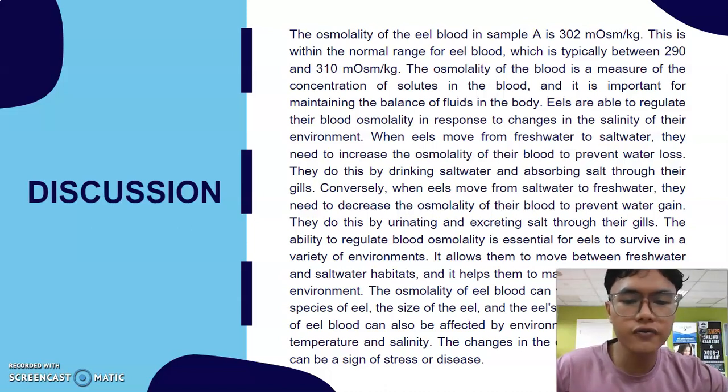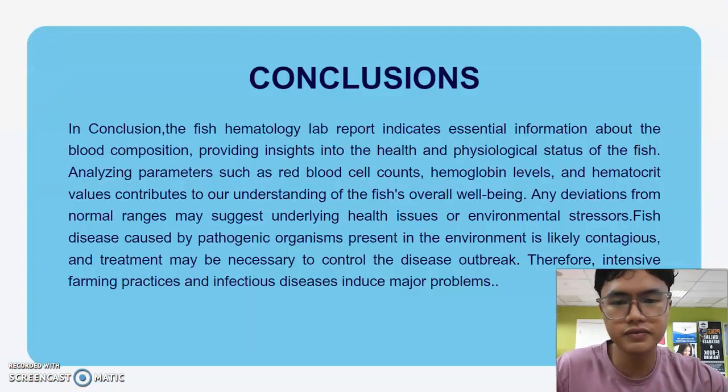The osmolality of eel blood can vary depending on the species of eel, the size of eel, and the eel's health. The osmolality of eel blood can also be affected by environmental factors such as temperature and salinity. The changes in the osmolality of eel blood can be a sign of stress or disease.